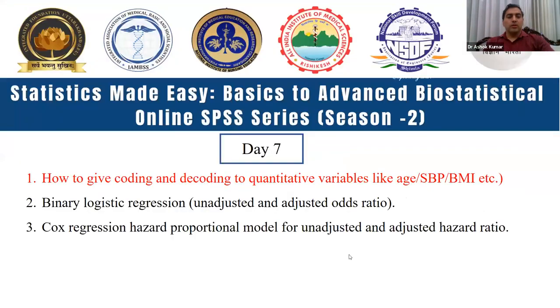So on 7th day, we have hands-on on how to give coding and decoding to quantitative variable. We have done for qualitative or categorical variable. But if we want to categorize the quantitative variable like age, systolic BP, BMI, HB, quality of life score, any.